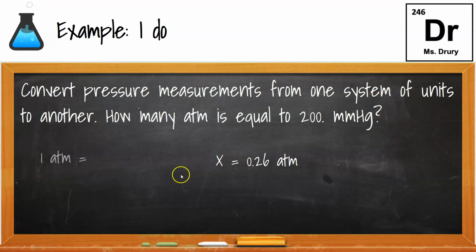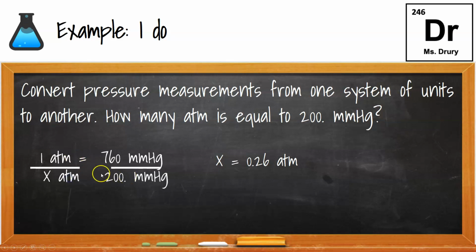The way we would do that is we say that 1 atmosphere is 760, so how many atmospheres are in 200? We would just cross multiply and divide to get 0.26 atmospheres. So it's not something we just know, we're actually doing a proportion. And remember, you're cross-multiplying, not just dividing 760 by 200, because you'd be solving for 1 over x then.